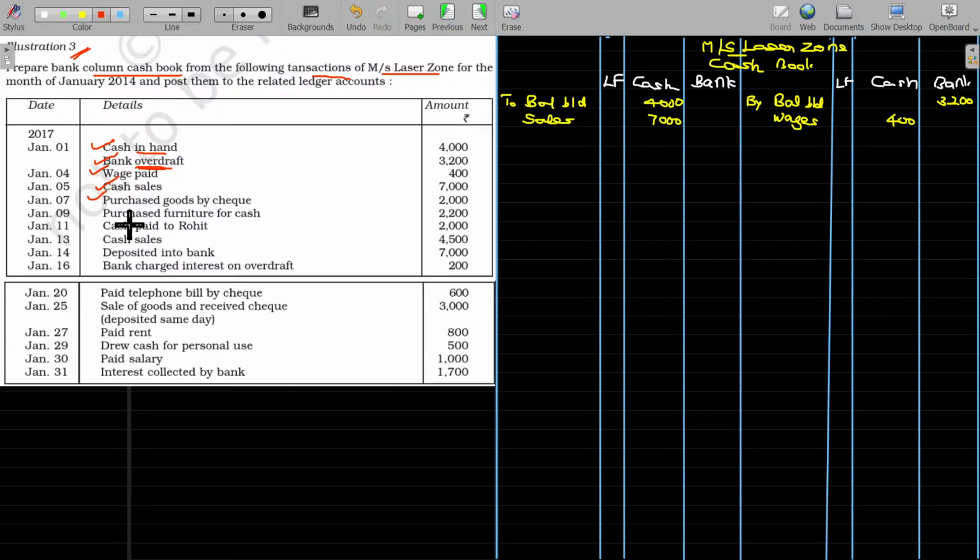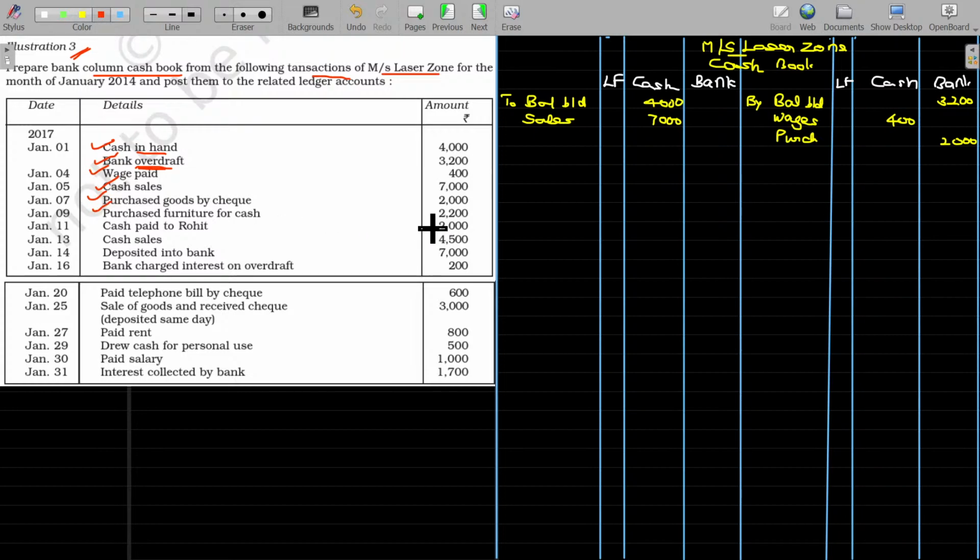On 7th Jan, purchased goods by check. So in the payment side, purchases, the payment being 2,000 rupees. For that, a check is issued, so in the payment side, 2,000. Is that okay?